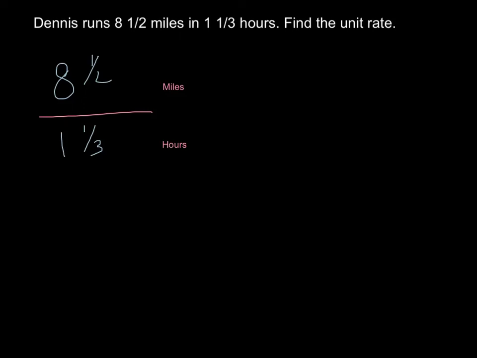So all we have to do is change our mixed numbers into improper fractions. Okay? So if I have 8 1/2, that's going to be the same as 8 times 2 plus 1. So 8 times 2 is 16 plus 1 is 17. And my denominator does not change. So 1 1/3.